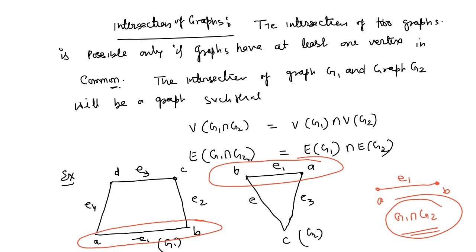Now, next graph, fusion of graph. Fusion means we eliminate one vertex from the graph.